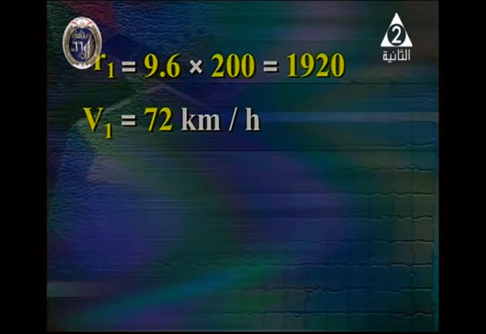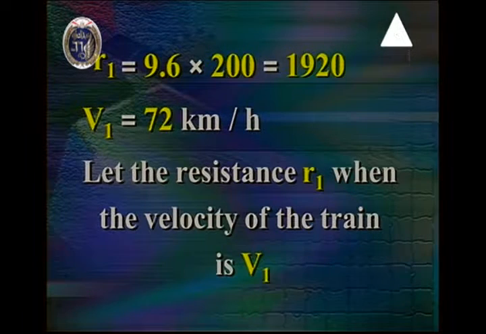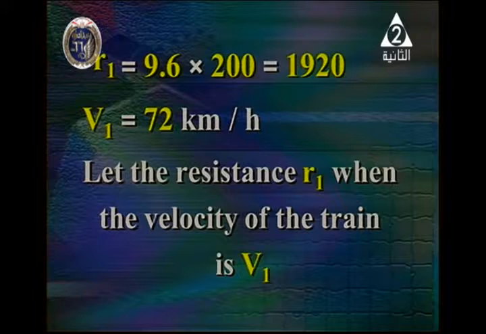V1, or the first velocity, is 72 kilometer per hour. Let resistance be R1 when the velocity of the train is V1. There is a proportion between R1 and V1.